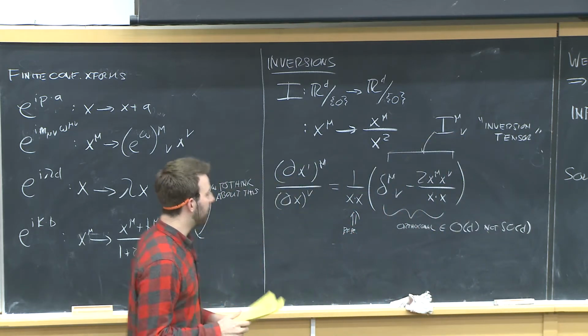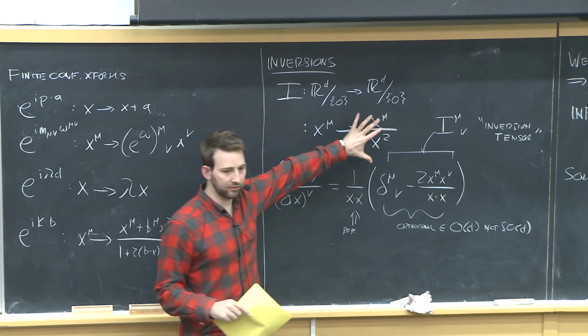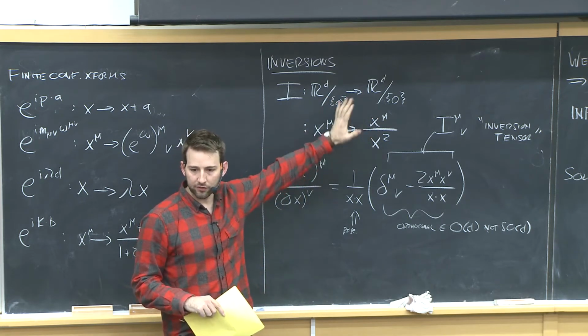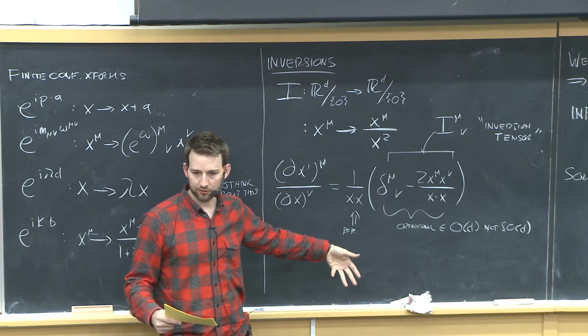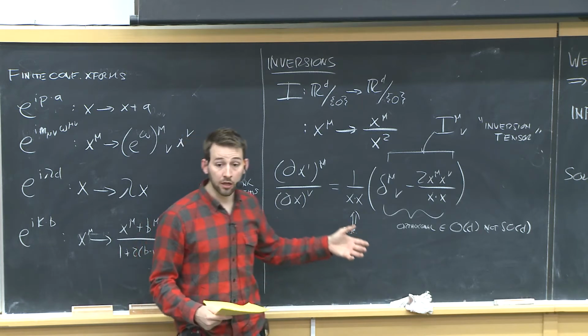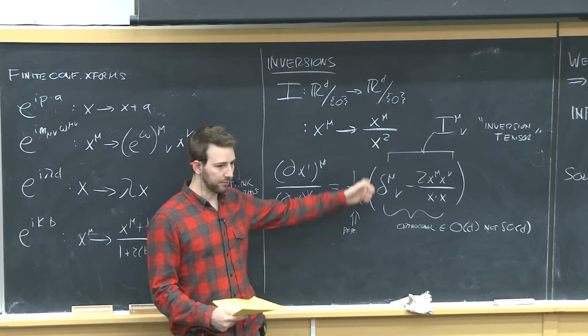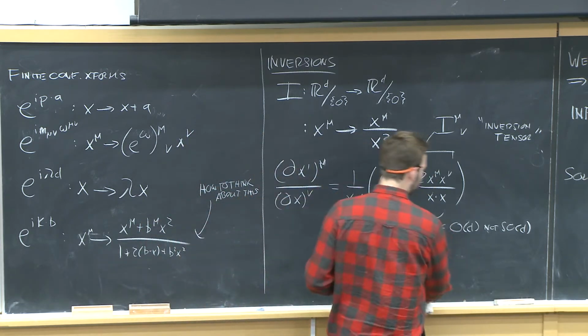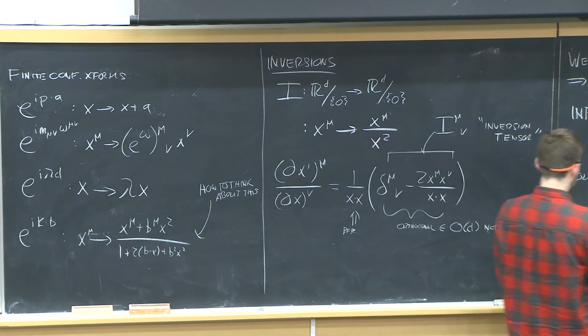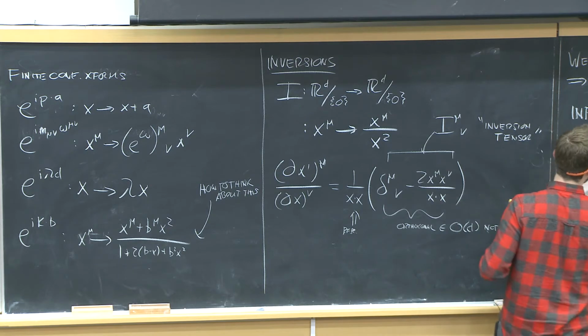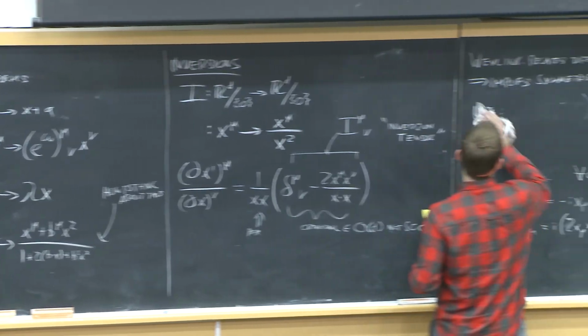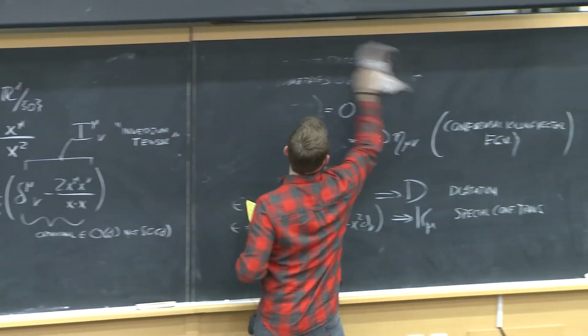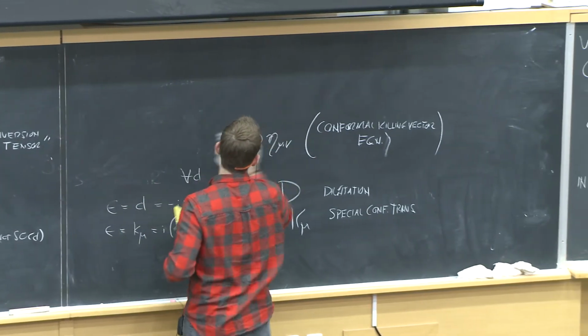Okay, so the point of introducing this, it doesn't follow from any of these local considerations with Killing vectors. In particular, it turns out to be the case that a conformal field theory does not have to be symmetric under inversions. But for the purposes of looking at transformations just of points in space, we can use it as a tool.